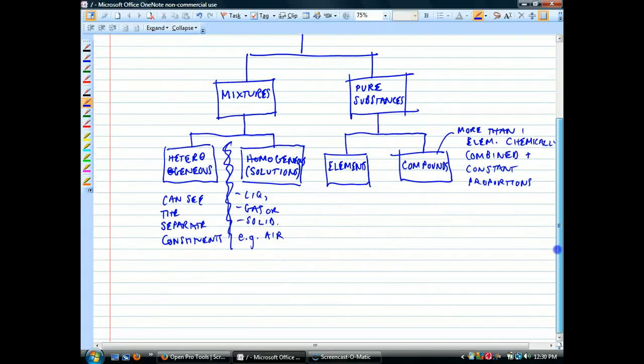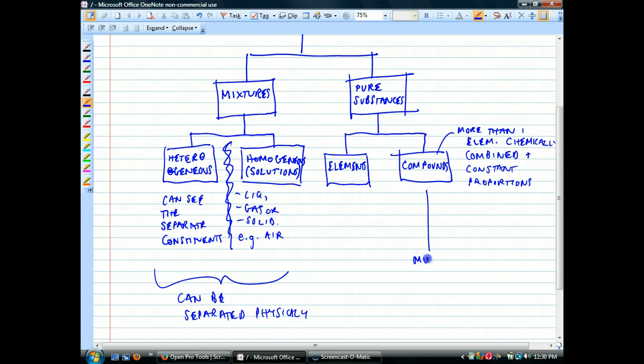One of the finer points of this is that mixtures can be separated physically, whereas compounds must be separated by chemical means. Of course, that begs the question of what a chemical means is.